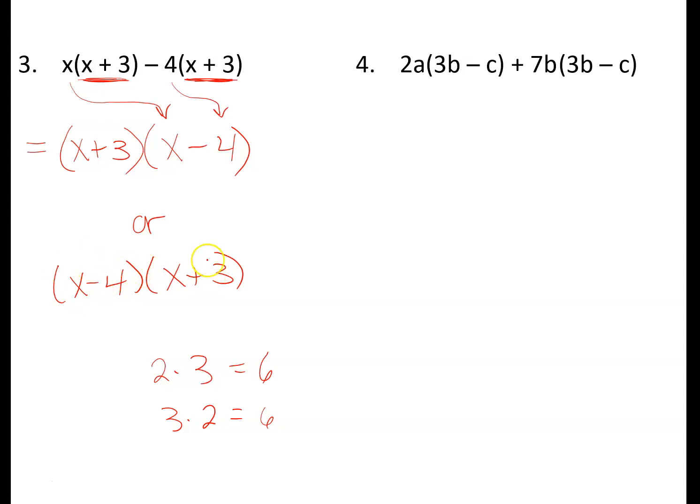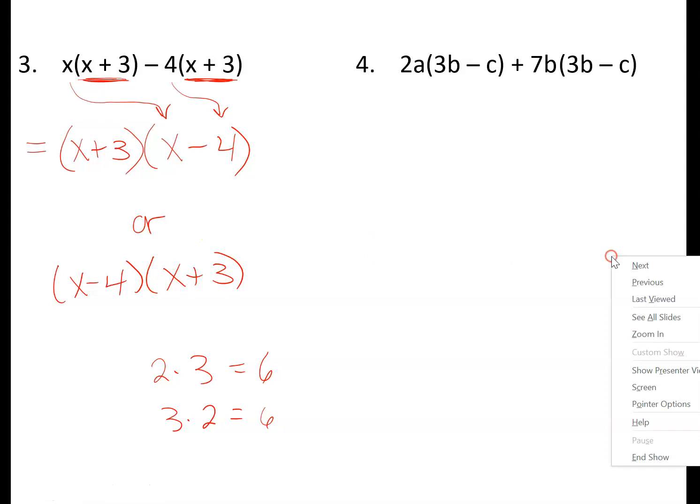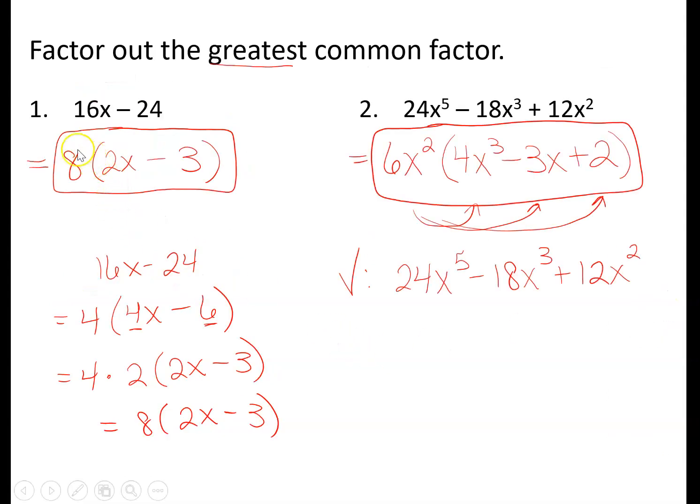So it doesn't matter really which order you have those factors in. However, I like to always just practice putting that GCF first, because when it is a problem like the ones on the previous slide again, that 8 really needs to sit in front of the parentheses.